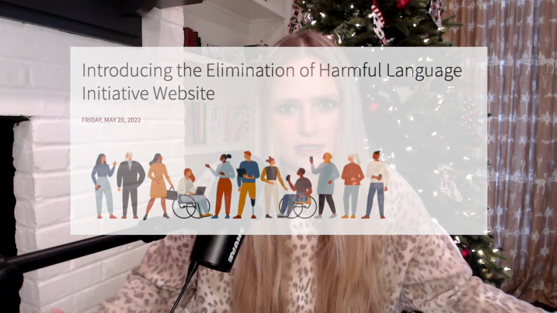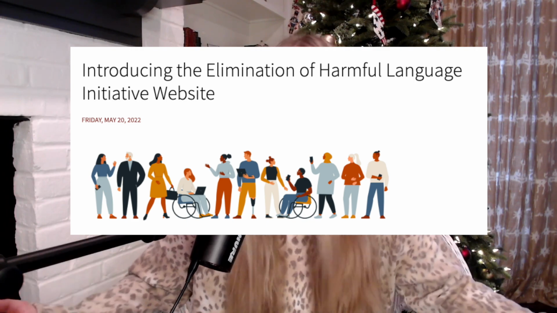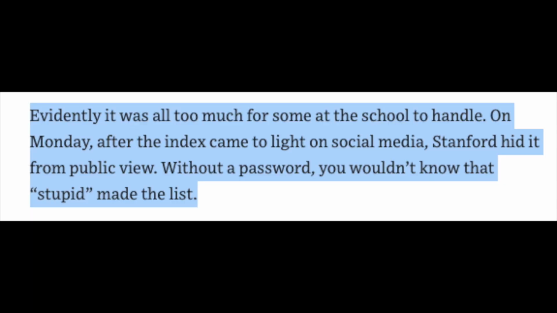Initially, this document is as old as May, but it only recently got discovered on the internet, and then I heard about it from the Wall Street Journal. The Wall Street Journal says that since people online had found it, Stanford actually put this document behind password protection.